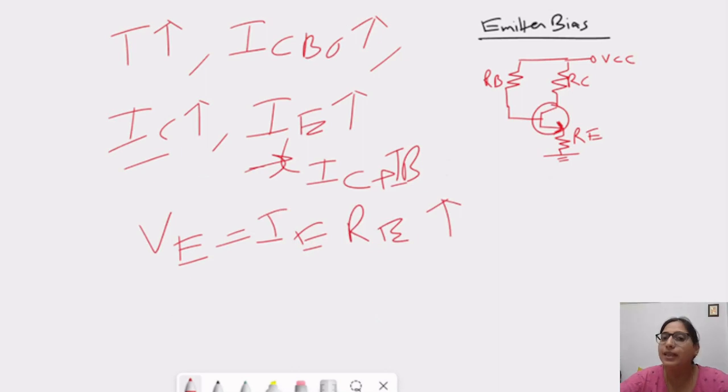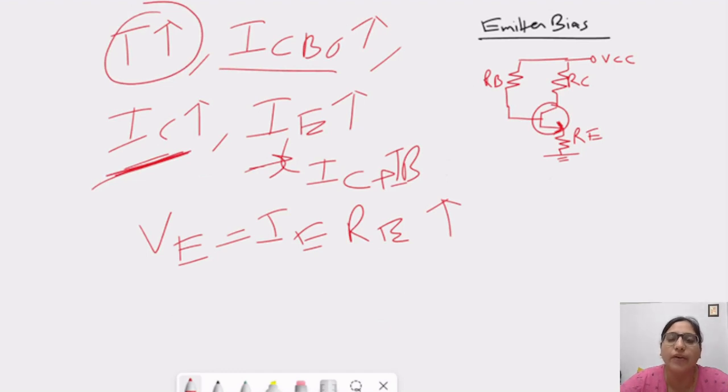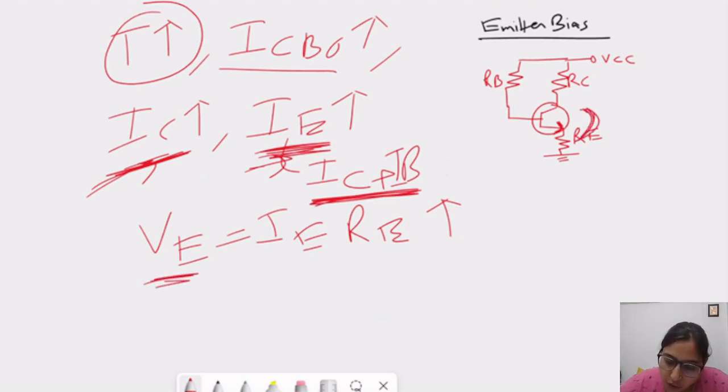So what is happening due to the change in temperature or temperature increment: the leakage current is increasing. And if leakage current is increasing, the collector current is increasing because it is the output current. When the circuit is producing more current, then the output current will change. So IC will increase. If this IC will increase, the emitter current will also increase, because IE is nothing but IC plus IB. If this IE will increase, the voltage drop across this resistance will also increase, which is nothing but the IERE.